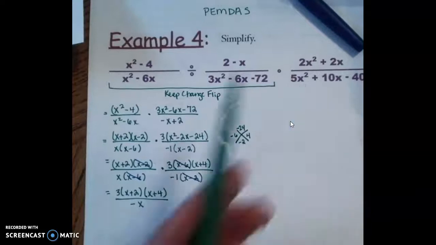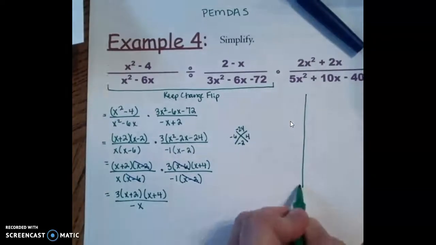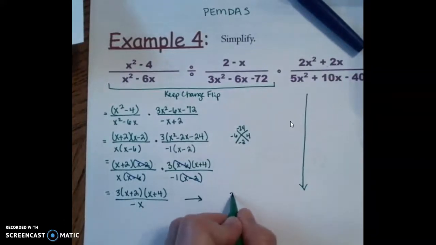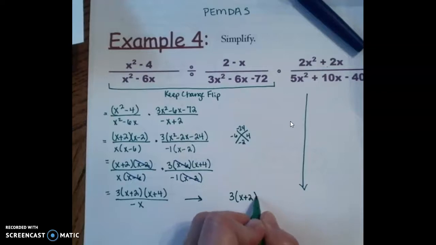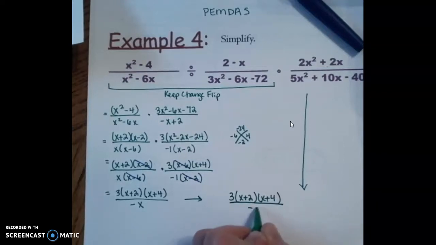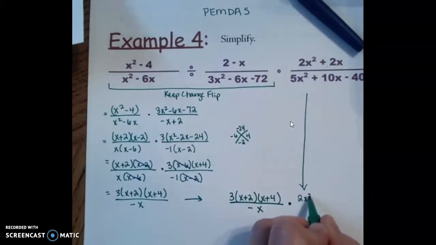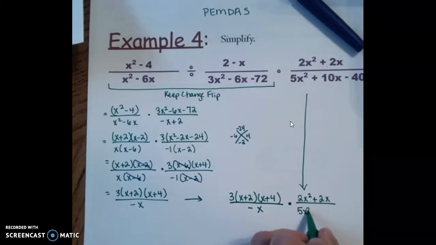We now have to multiply by this fraction. So I'm just going to scoot this over. So we're going to have 3 times x plus 2, x plus 4 over that negative x times 2x squared plus 2x over 5x squared plus 10x minus 40.